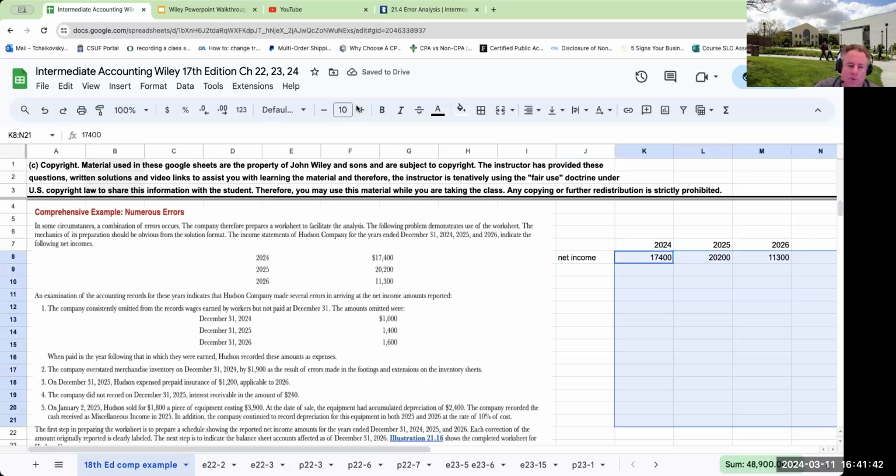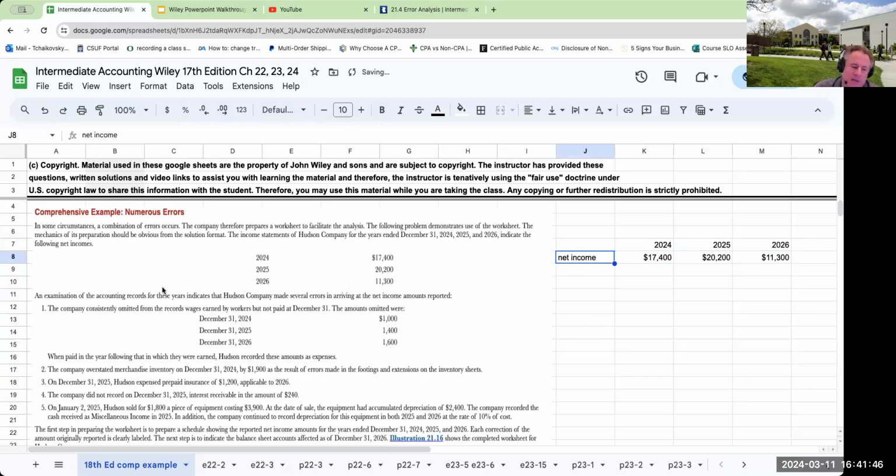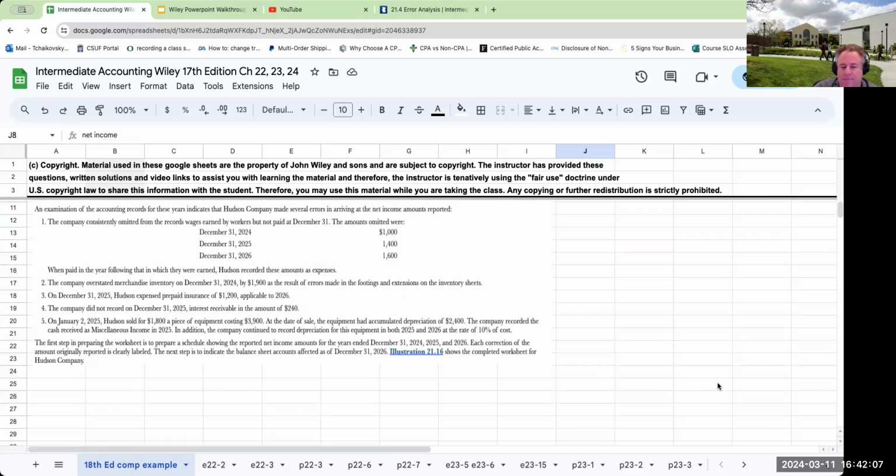This is where we're starting. Now, an examination of the accounting records for these years indicates that the Hudson Company made several errors in arriving at net income, the amounts reported. The company consistently omitted recording wages earned by workers but not paid as of December 31st. The amounts omitted were 1,000, 1,400, and 1,600.